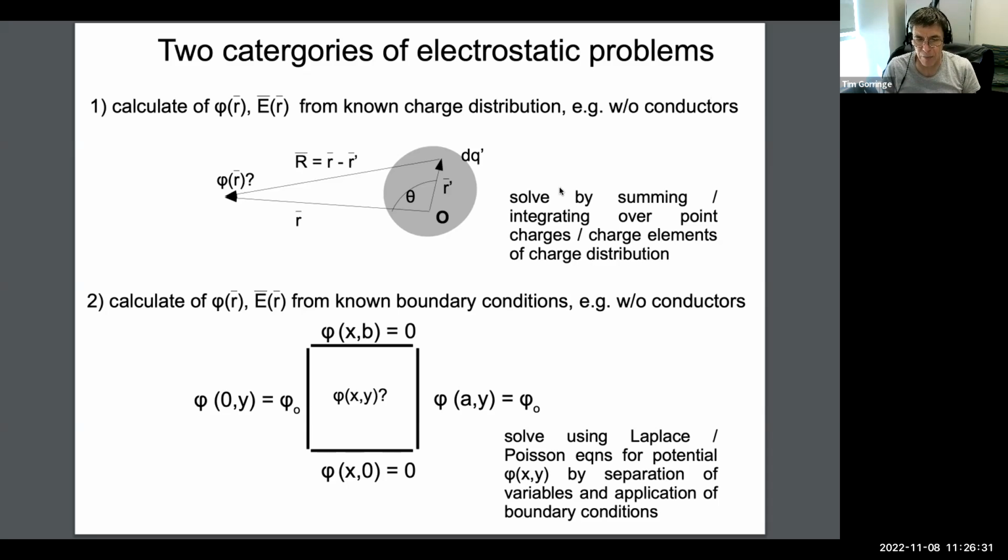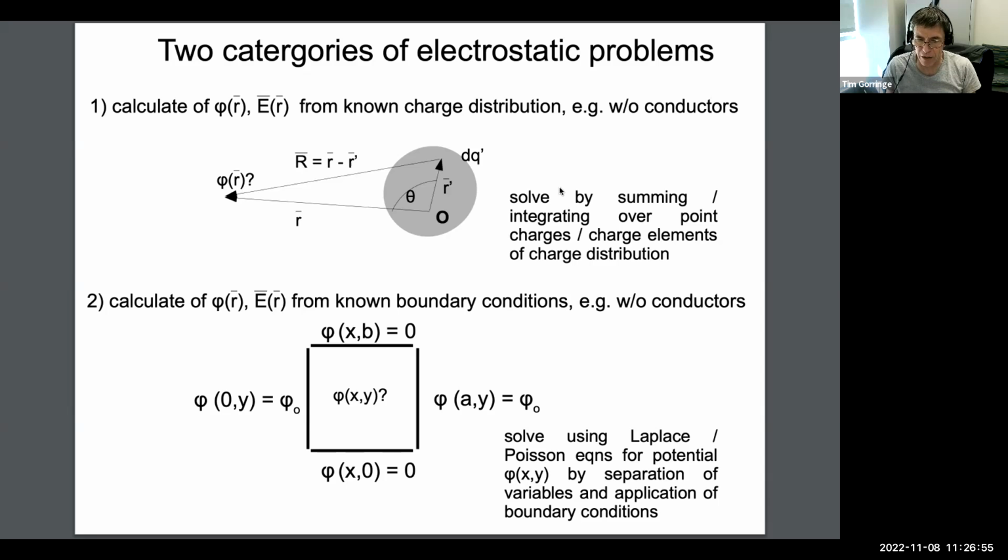The second type of problem is where you want to calculate the electrical potential or electrical field, knowing some boundary conditions on the electrical potential or field. In this type of problem, we solve what's called Laplace's equation or Poisson's equation.